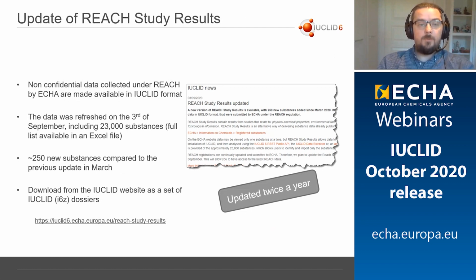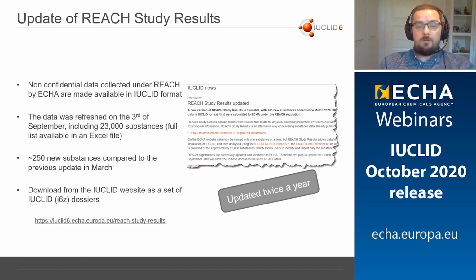We also want to remind you that the REACH study results have been updated. Now our target is to update them twice a year. So non-confidential data collected under REACH by ECHA is made available in IUCLID format.